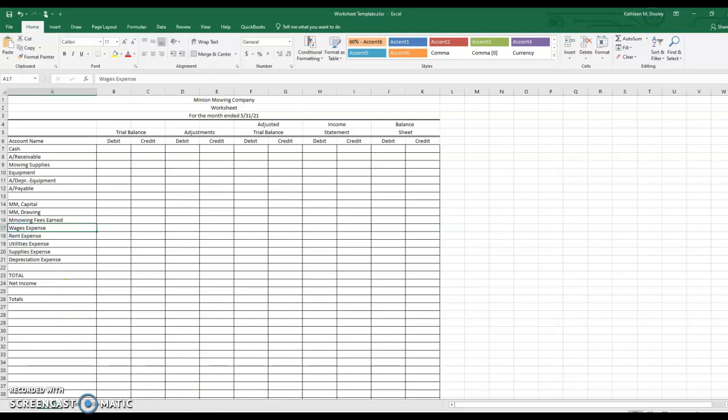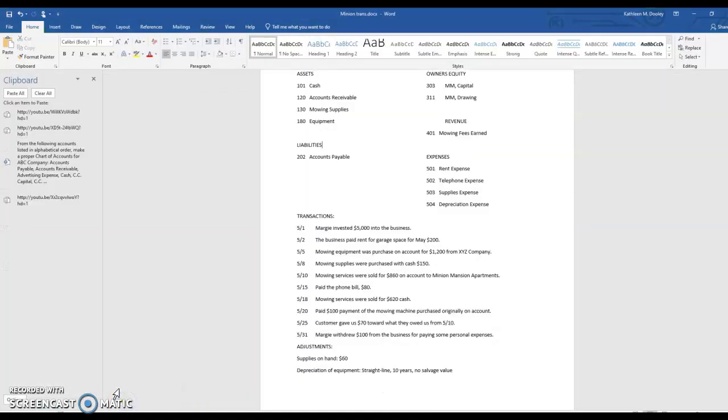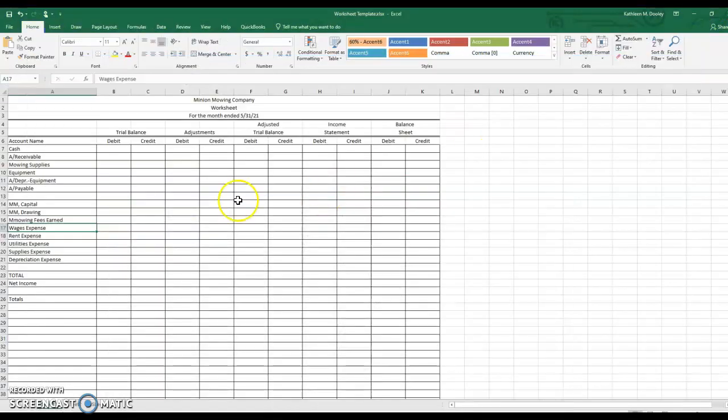Okay, and let's take a look at our rent, telephone, supplies, and depreciation. Rent. Telephone. And supplies expense, and depreciation. Okay.